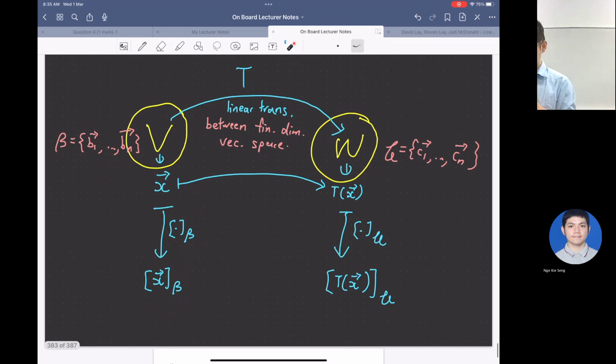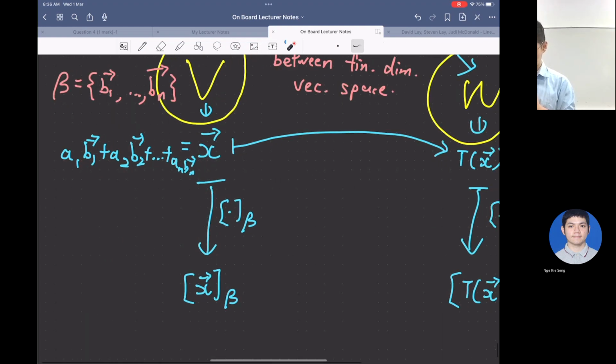Okay. So for example, let's take this x to be a1 b1 plus a2 b2 up to an bn. And then what do you get after you apply the coordinate vector?